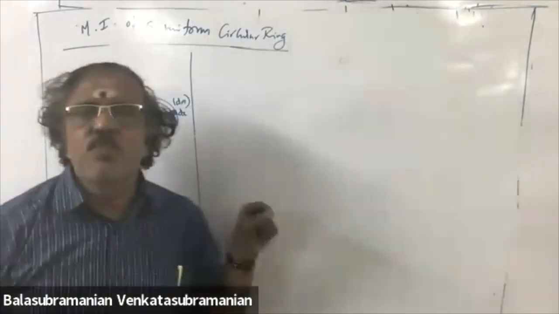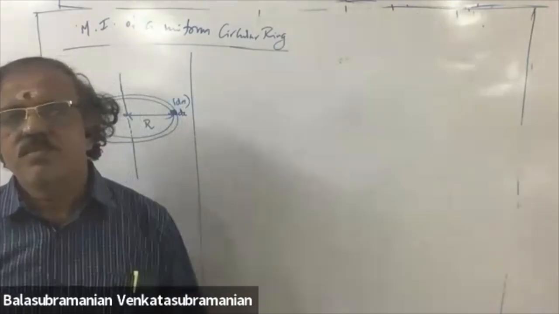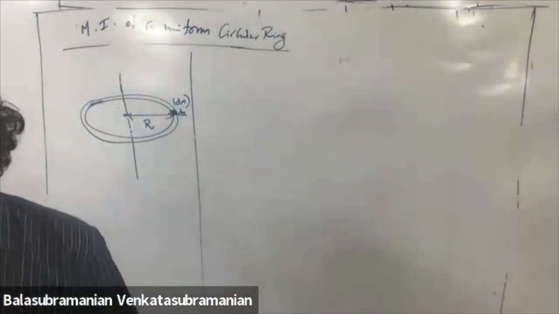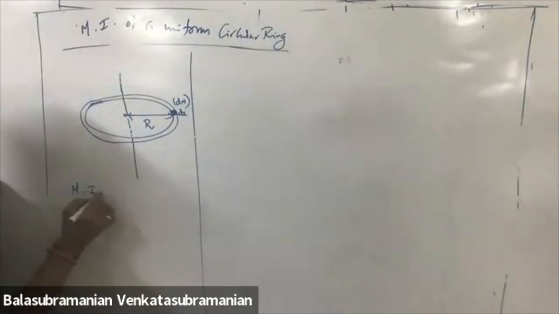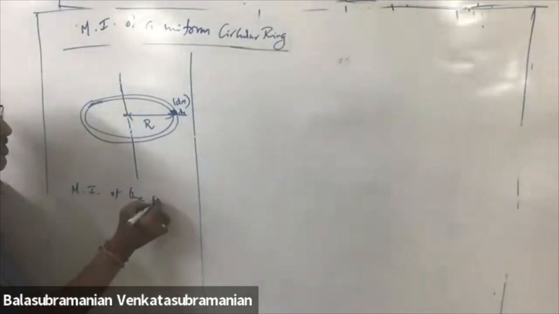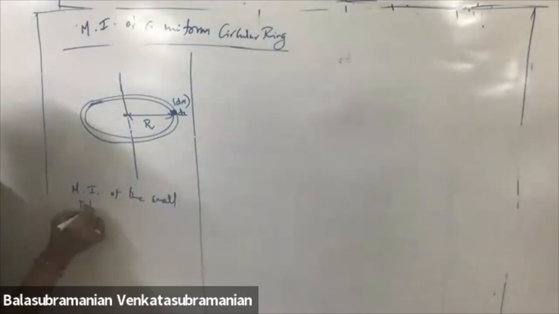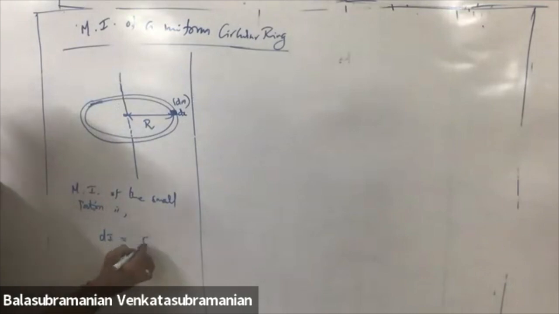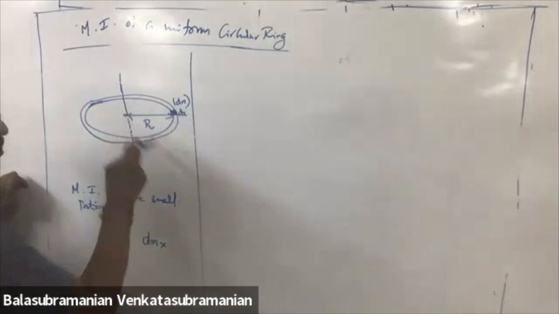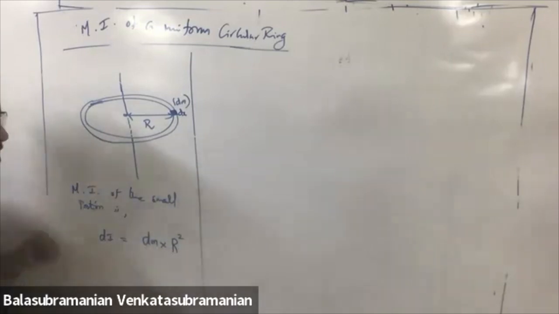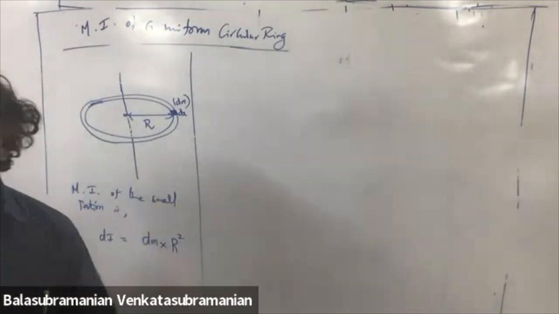The mass of that small portion is dm. So in this case, moment of inertia of the small portion, similar to the rod discussion, is dI is equal to dm into, what is the distance here? Distance from the axis of rotation is nothing but the radius here, that is dm into R square.